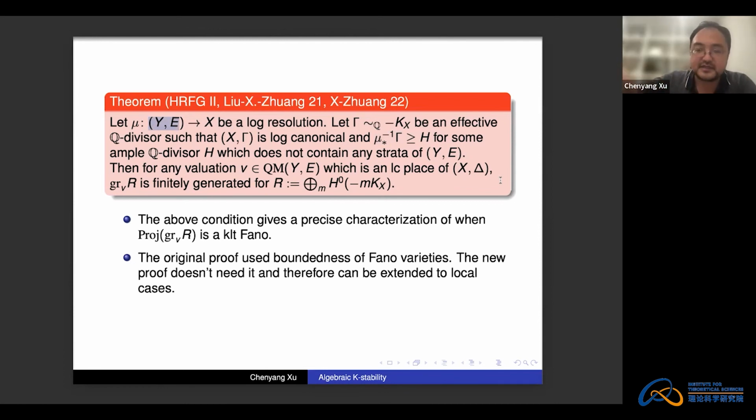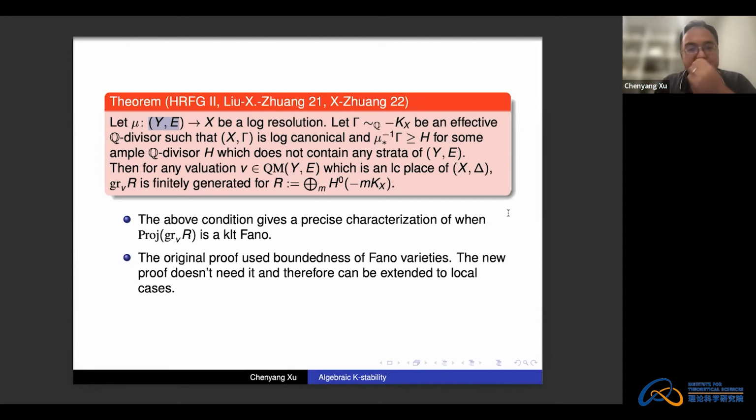In other words, this complement gives you some small ample divisor to wiggle, to perturb, to do this kind of tie-break argument. This seems to be a technical assumption, but actually it's very important. It's a key observation that this condition implies the valuation always has a finitely generated associated graded ring.